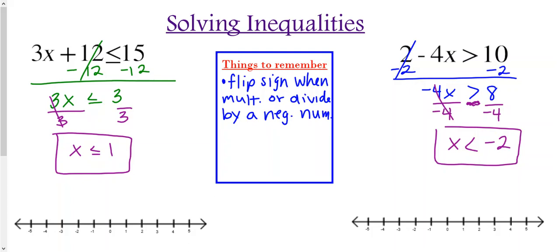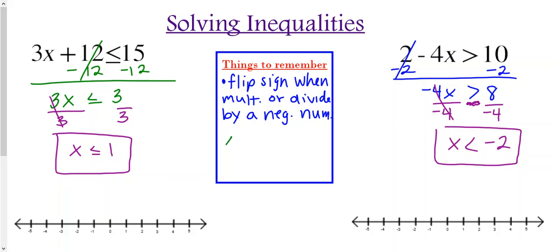Okay, now let's shift back to this first one. We're going to graph this inequality now. So I have the solution of x is less than or equal to 1. When I'm graphing them on a number line, here are the things I want to remember. So I'm going back to my box.